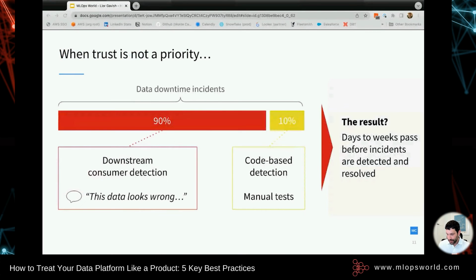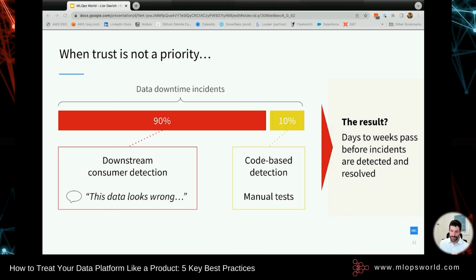Having said that, what we see out there today with most data teams is, if you're not really prioritizing trust in your data platform, when there is a data issue, and there will inevitably be a data issue, 90% of the time or so, it might be caught by a downstream consumer of the data, right? Someone will look at a dashboard and say, oh, this is wrong.